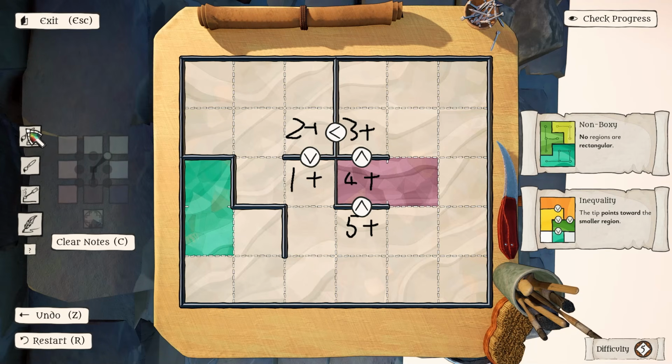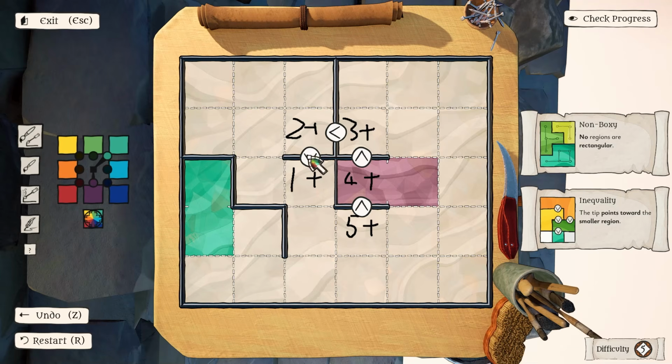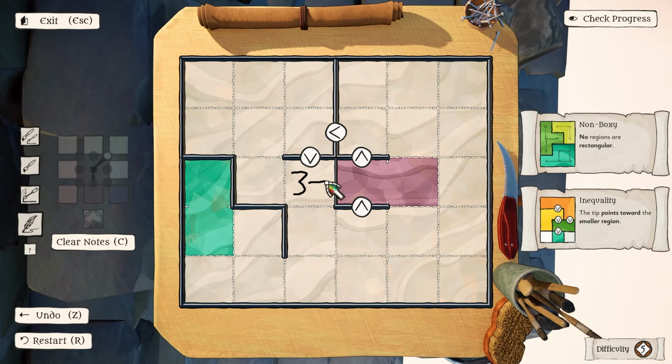Cool. In fact, more specifically, you are a 3 plus, because 1s and 2s are boxy, sorry. You're a 4 plus, you're a 5 plus.